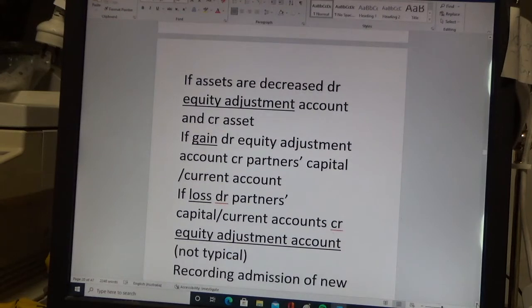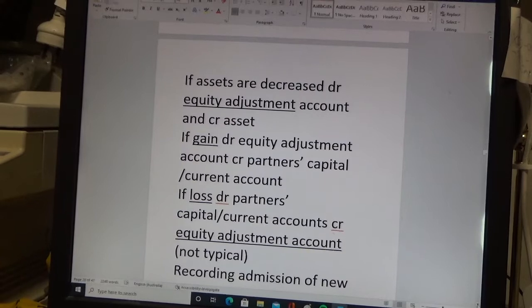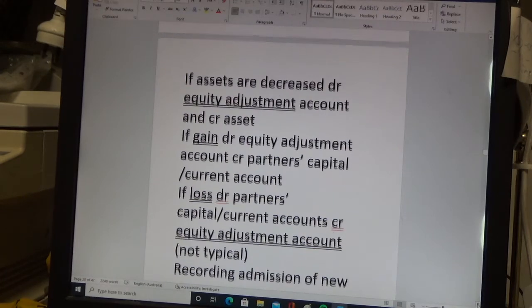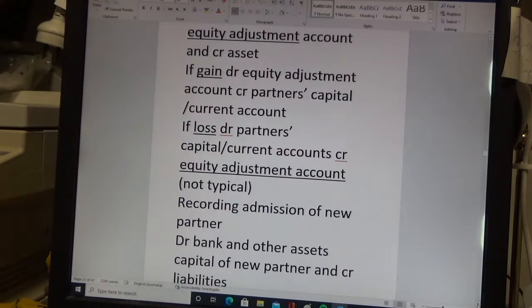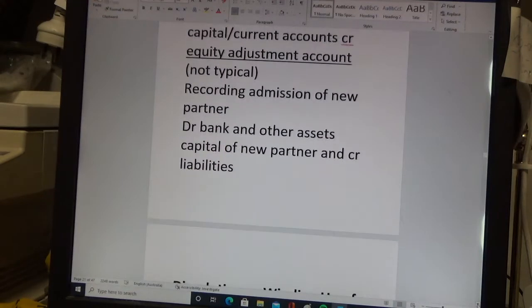If there's a gain for the new partner, which is what you want, you debit equity adjustment account and credit the partner's capital or current account. Most typically the current account is in place in the books. But if there's a loss, you debit partner's capital or current account and credit equity adjustment account. Not typical, as I mentioned.